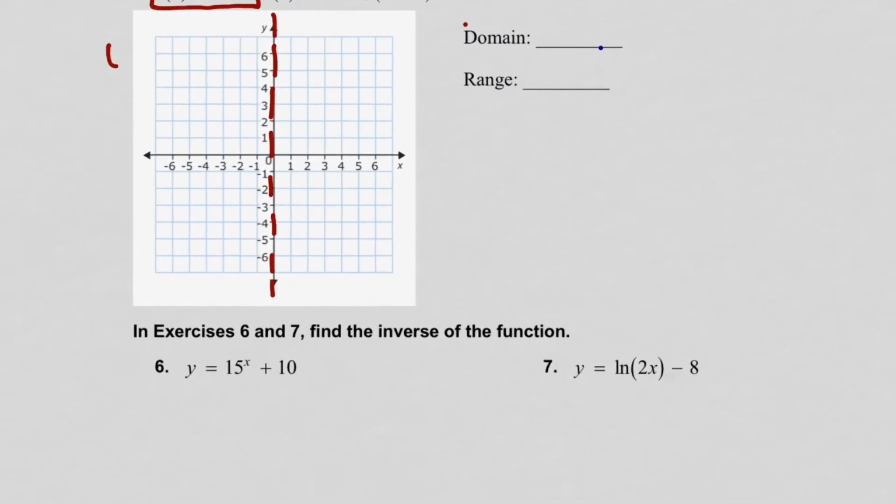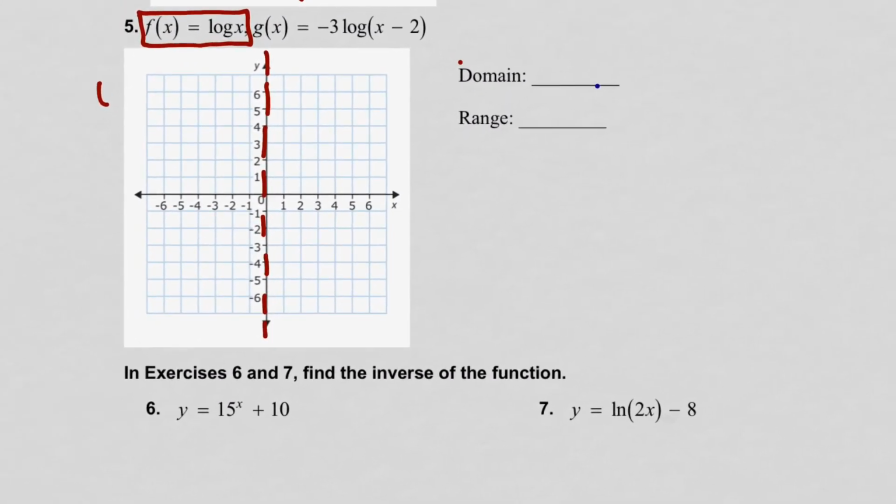Okay, I can connect (1, 0) and whatever the base is. Well, what's my base? It doesn't say anything. So I know I'm dealing with my common log, and that's going to be a 10. So I'm going to go over 1 and 0. I'm going to go over 10 and up 1, be right about there. I'm going to hug the asymptote, curve sharply, connect those points, and continue on.